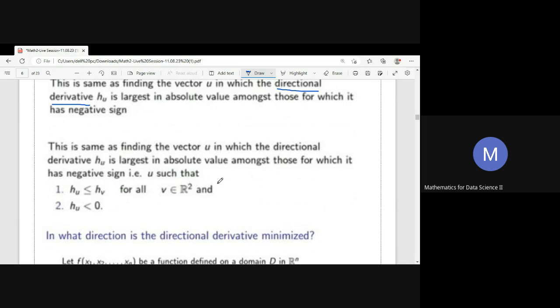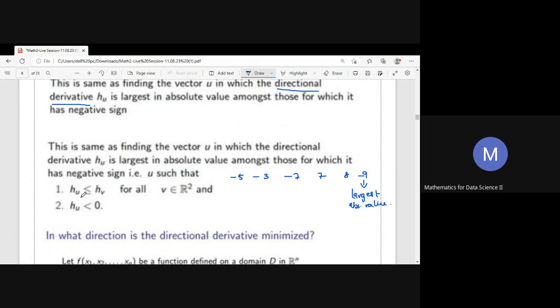For example, just giving some values: -5, -3, -7, 7, 8, 9. Which number has the largest absolute value here? -9. So this is the one having the largest absolute value.